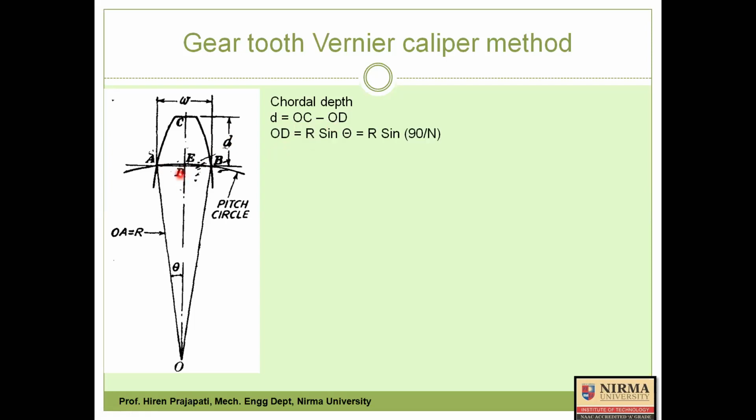Now how much is OD? Because if you look here at this ADB line, if I connect points A and B with the center of the gear wheel, then I get one triangle here, OAB. If I split this triangle, then I get two right angle triangles actually. One is ADO and second is BDO.